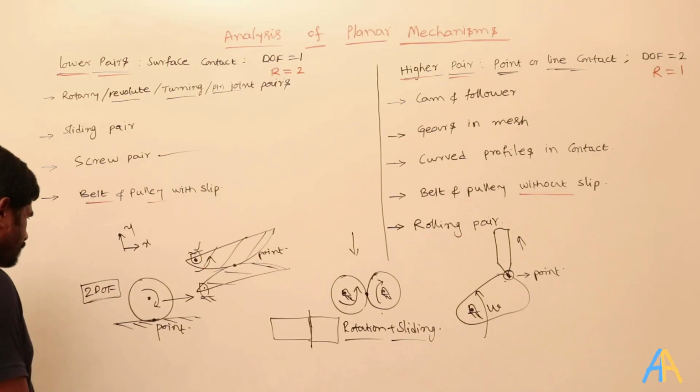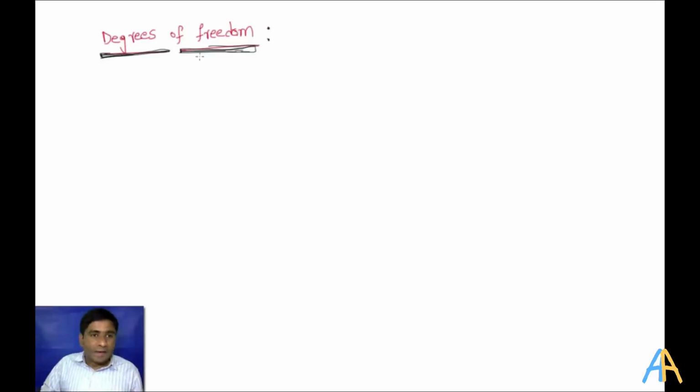And here our next important topic is degrees of freedom of a mechanism. This is also called the mobility of the mechanism. In the name itself, mobility means possible motion. So for example, if you consider any planar or spatial mechanism, for a given input motion, how many output motions can be possible?